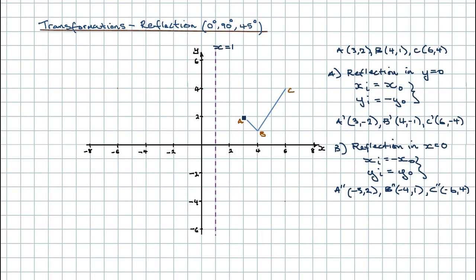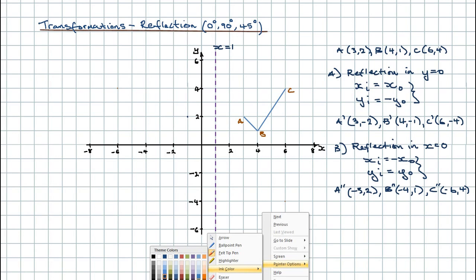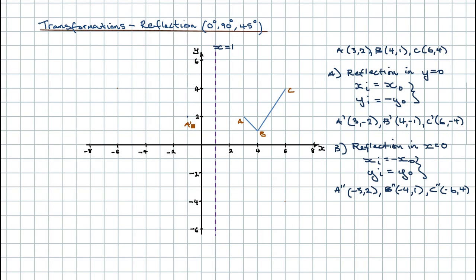Well, this time, as I say, we can't use these, so we've got to simply calculate using geometric reasoning, really. So we know that A is going to go through here, just as before, but it's only got to go 2 to the line of reflection. Now, A prime, therefore, must be to the other side, so A prime must be here. B is 3 to the line of reflection, so 3 the other side.